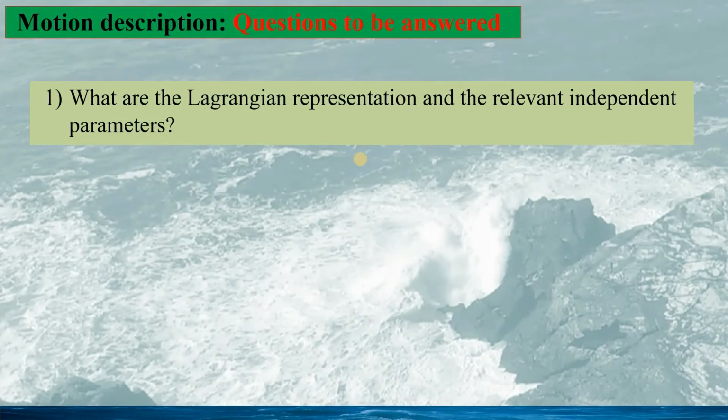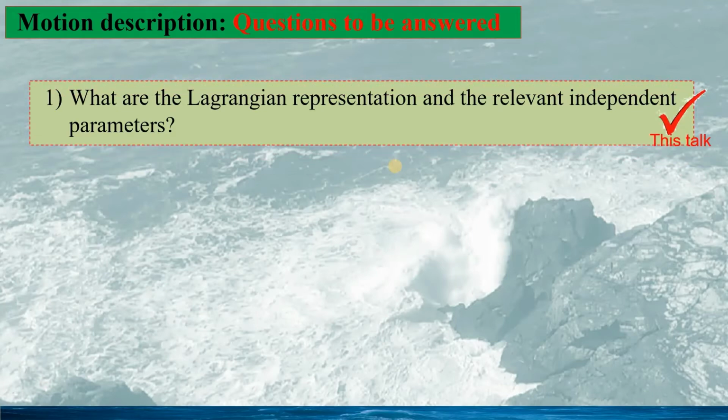So in the series of talks on elementary fluid dynamics, I'm going to answer the following questions regarding the fluid motion and the fluid dynamics. The first question would be, what are the Lagrangian representation and the relevant independent parameters? This would be the topic in this talk.